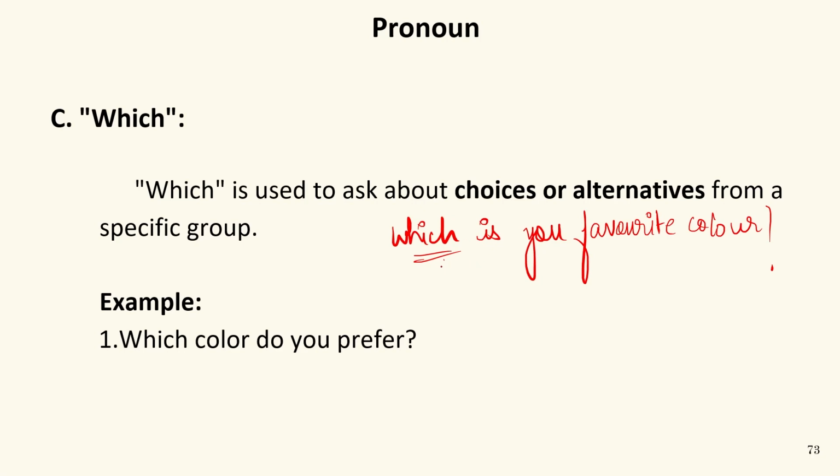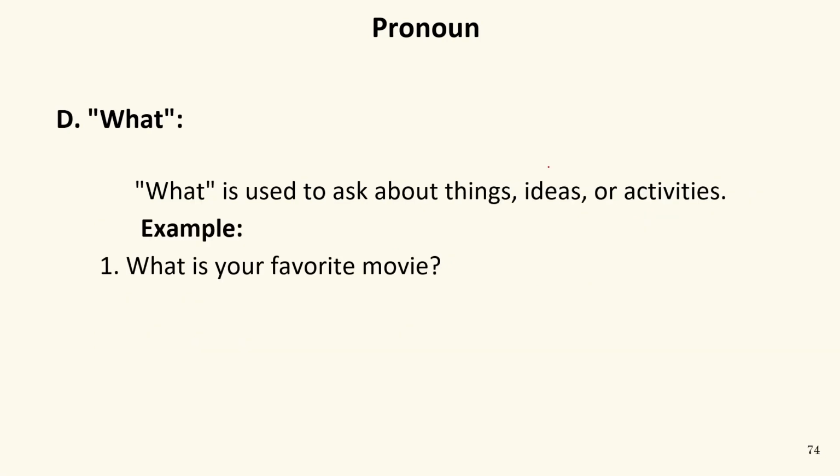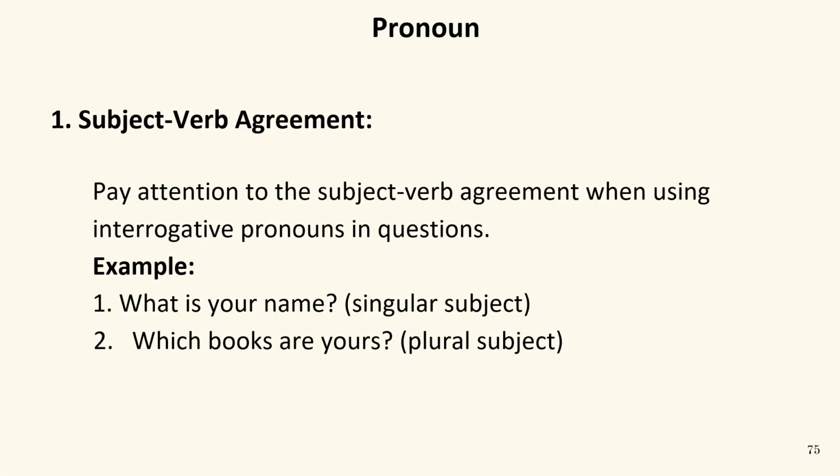It means this is an interrogative pronoun. What is used to ask about things. For example, what is your favorite movie? Basically, if I say what is your name, the word what interrogates and it is an interrogative pronoun.